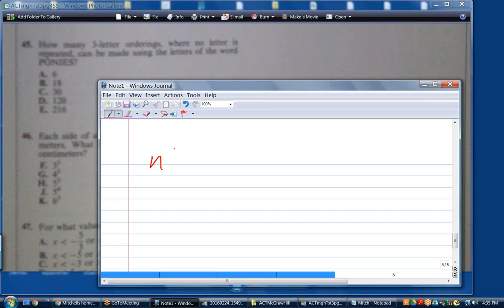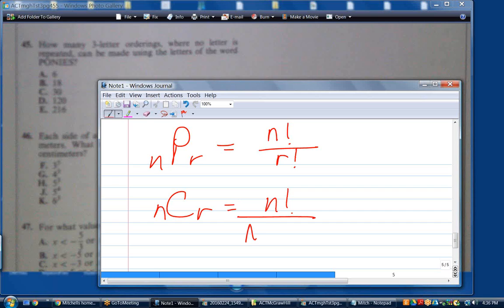You have to understand what nPr is, and you have to understand what nCr is. You have to know the formulas for them. This formula is n factorial divided by what? r factorial. No. This formula is n factorial divided by n minus r factorial times r factorial.